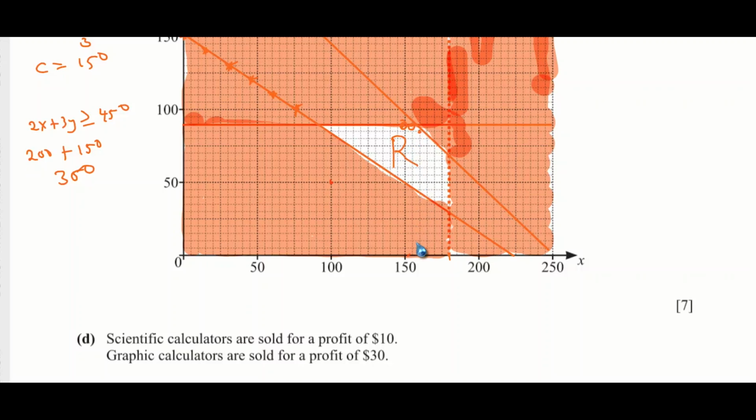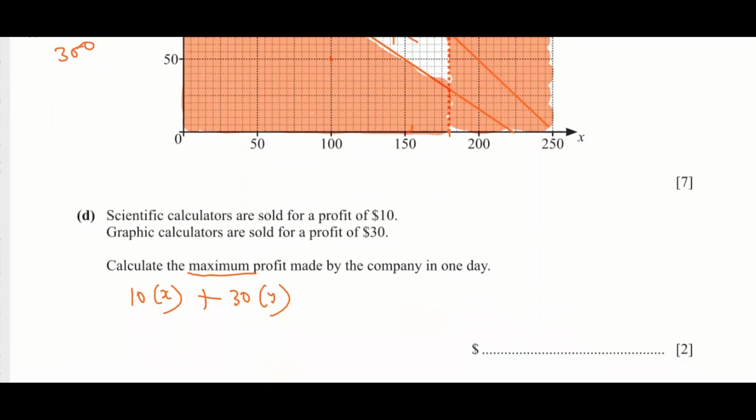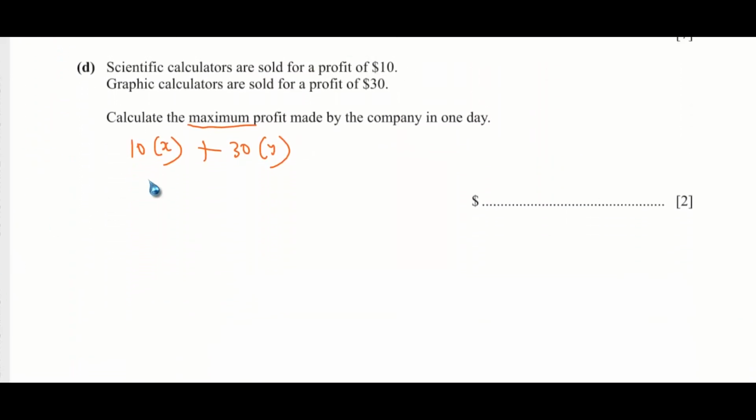So I think I'll go with this one, that is 155, that is x, and y equals 90. So I'll put 10 into 155 plus 30 into y, so that is 90.